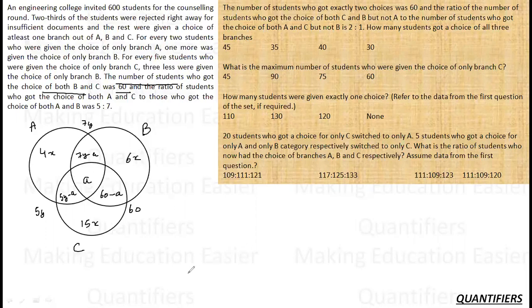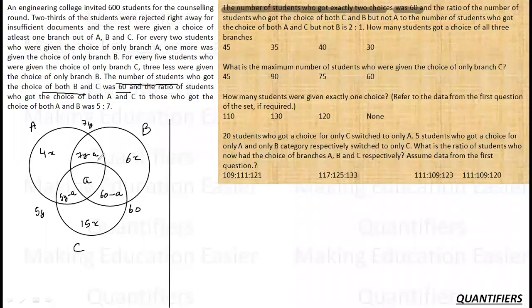Now let's find out further. Now I cannot fetch anything from here. Let me just read the questions. The number of students who got exactly two choices was 60. First of all, I know that the total inside is 200, which means 4x plus 6x plus 15x, that is 25x, plus 5y minus a, 7y minus a, 60 minus a.